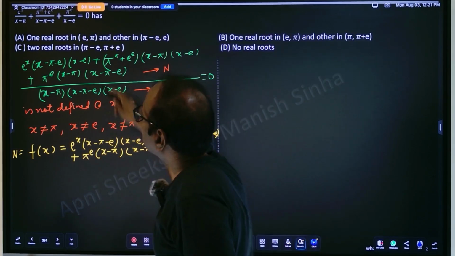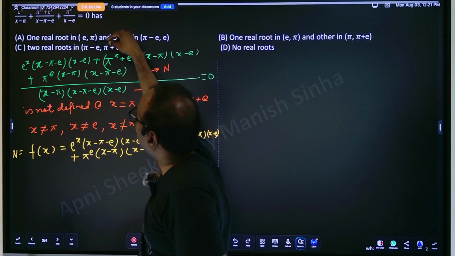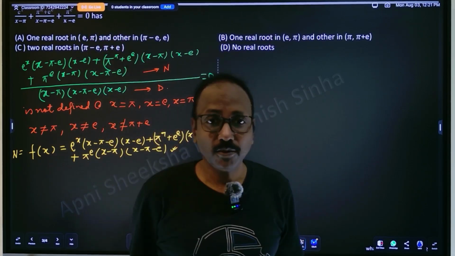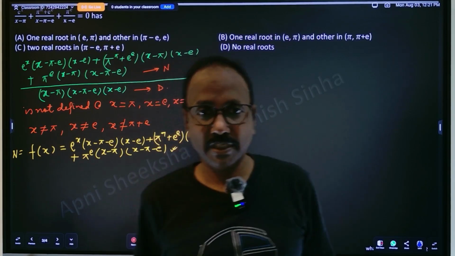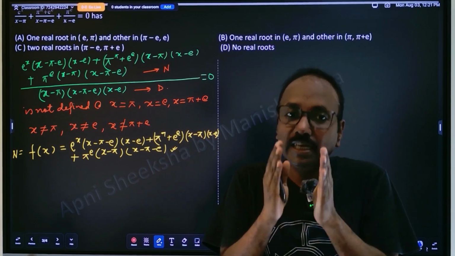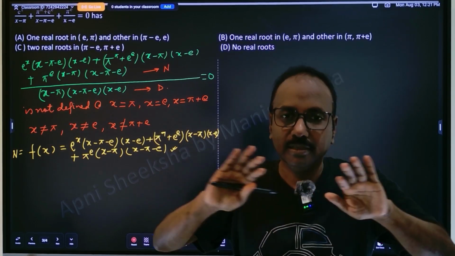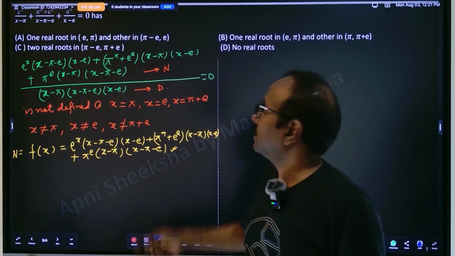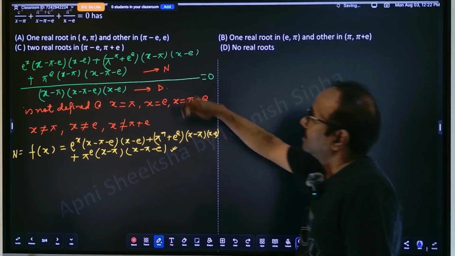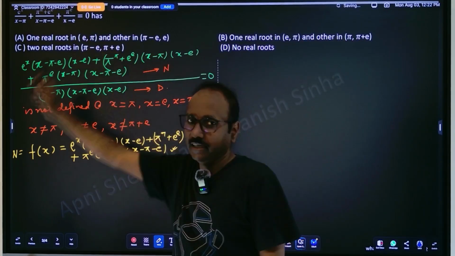You must have noticed that here e and pi are with exclusive notation, meaning e and pi are not included. The values between e and pi are included, except e and pi. The same way for this, here, here, and here.